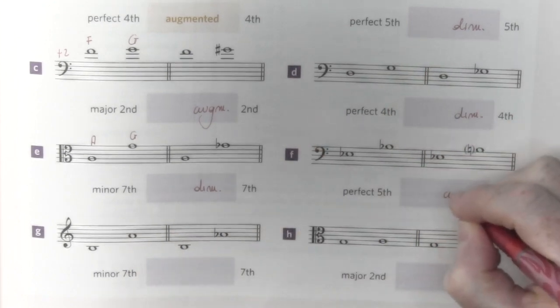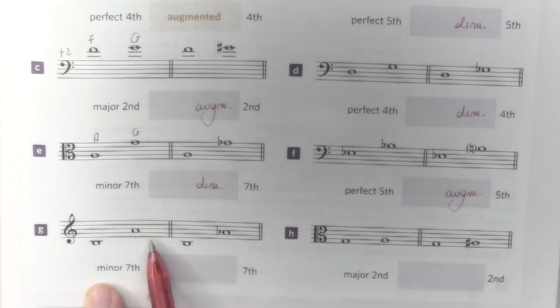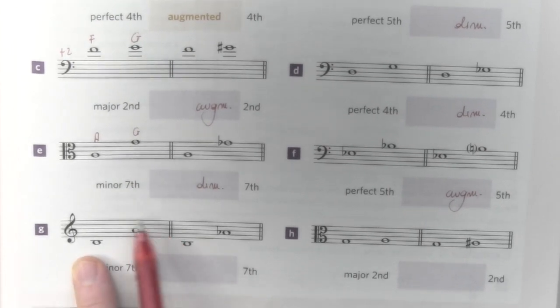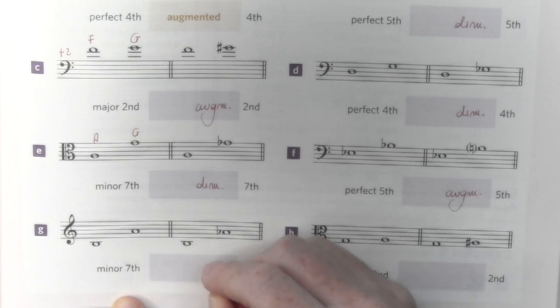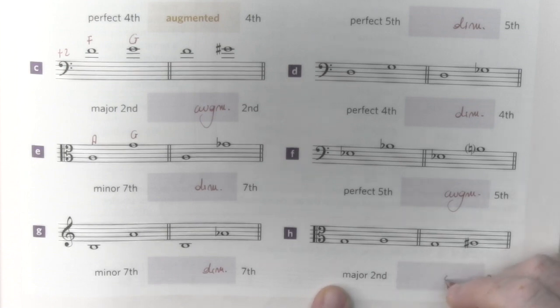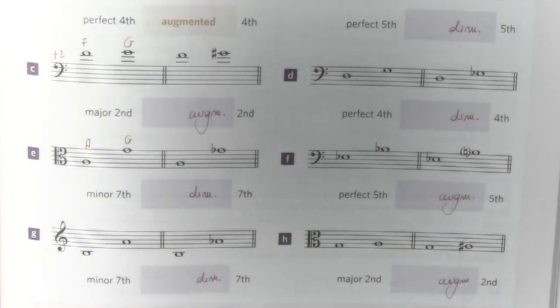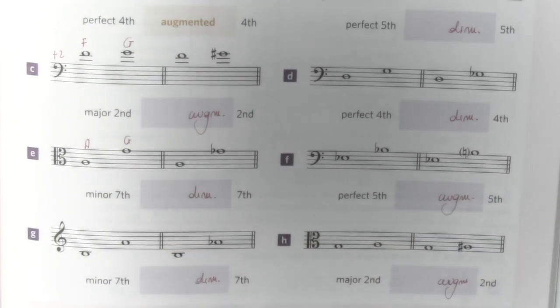So we make it augmented. A minor seventh with a flat becomes even shorter, so diminished. And the major second with a sharp becomes augmented because it goes further away. And I hope that this is clear.